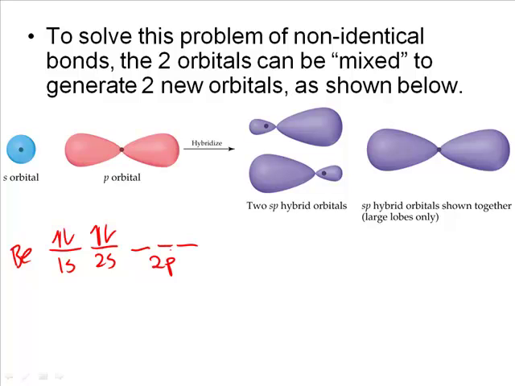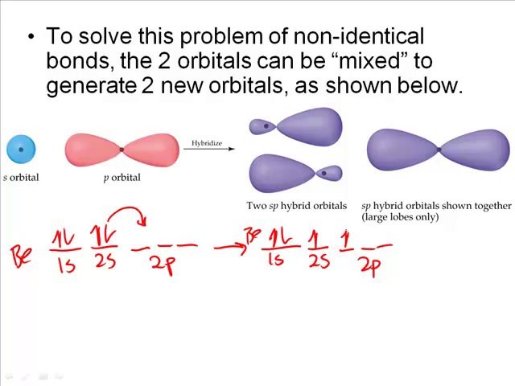One of these electrons, and it doesn't matter which one, gets promoted to the 2p. So now you end up having beryllium 1s2, 2s1, 2p1.